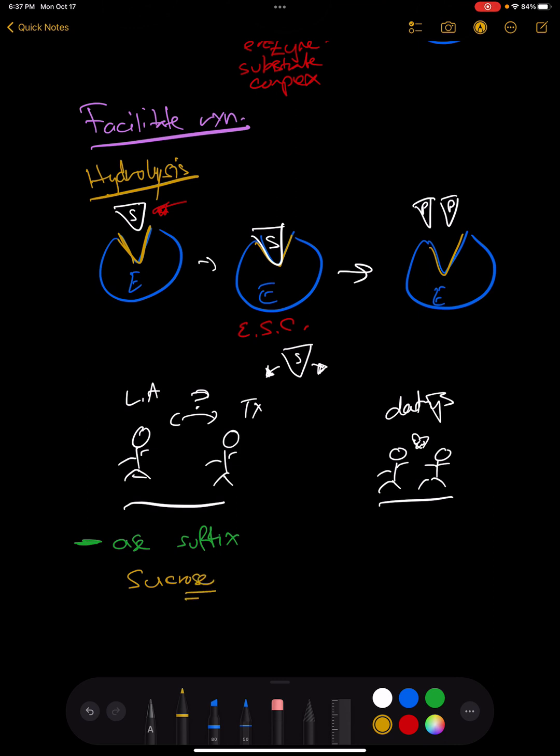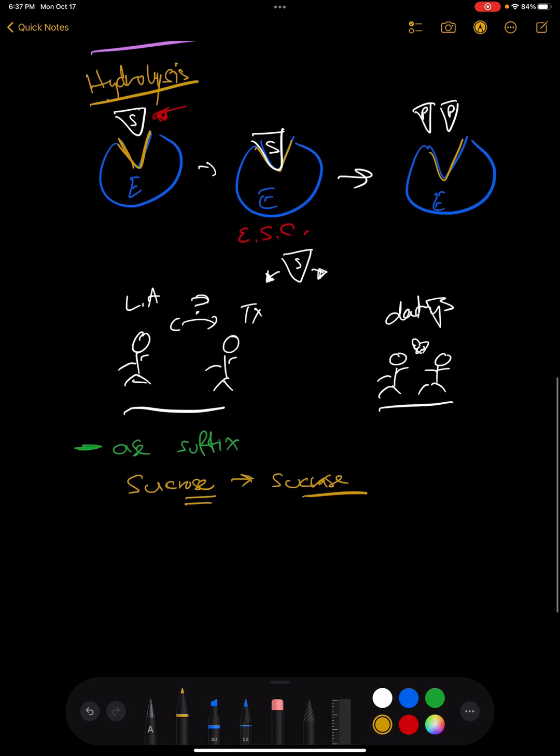So sucrose we know is a sugar because it ends in OSE. And then the enzyme that's going to break sucrose apart is called sucrase, right? If we wanted to do another sugar, like lactose, again, another sugar because it ends in OSE, the enzyme that breaks lactose apart is going to be lactase, right?